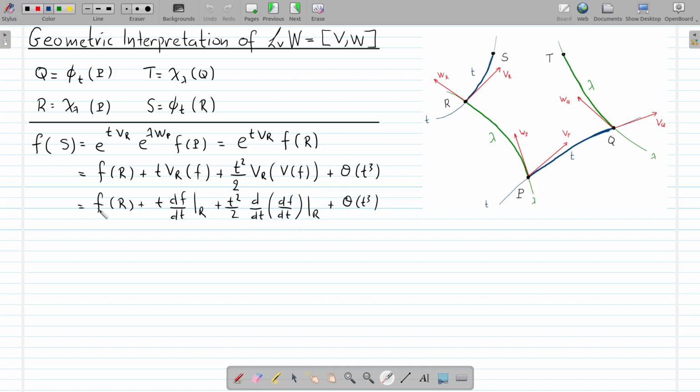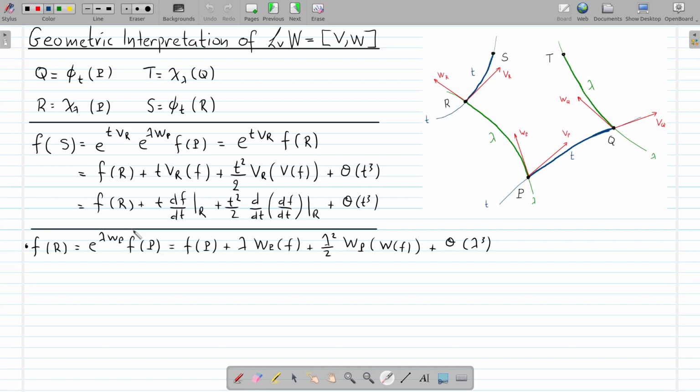We can also write this relation in a more familiar form that resembles a Taylor expansion. f of R can also be expanded by acting with the exponential operator e to the lambda W_P.